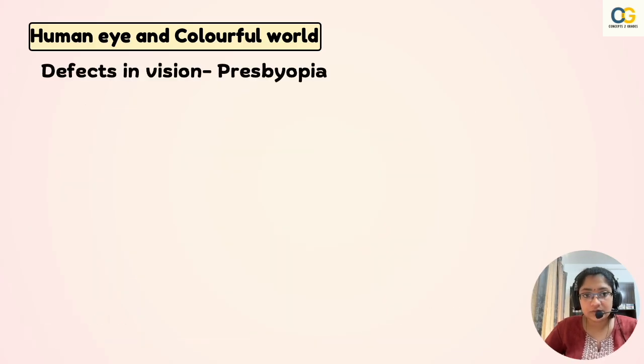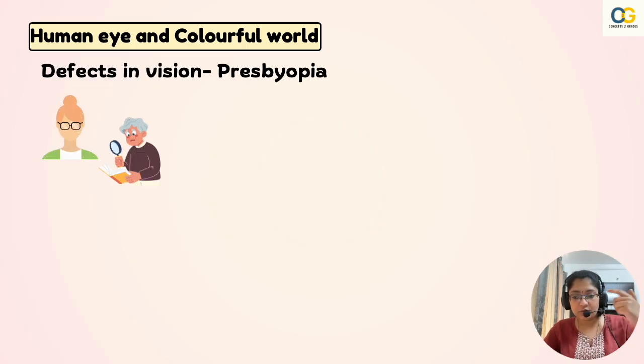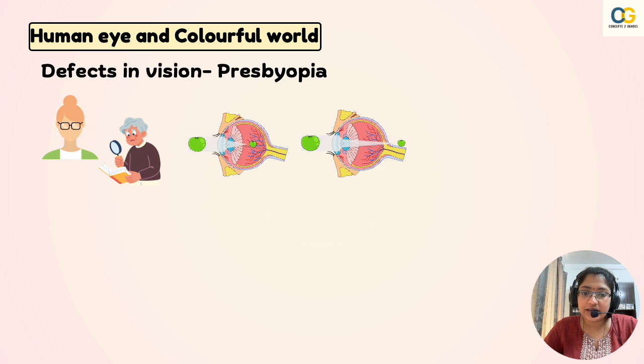Now coming to presbyopia. Here the person who has myopia cannot see near objects due to age. As if I grow old and I cannot see nearby objects, my myopia becomes presbyopia because I already have myopia. So for far away objects, the image is formed in front of the retina. For nearby objects, the image is formed behind the retina.